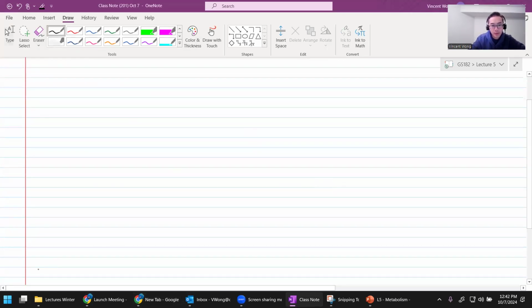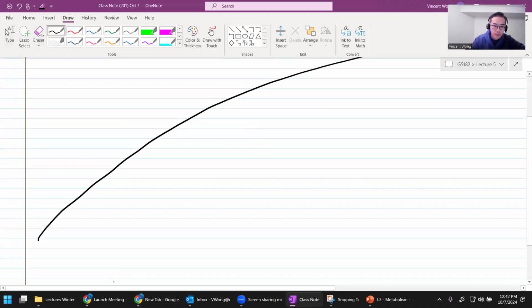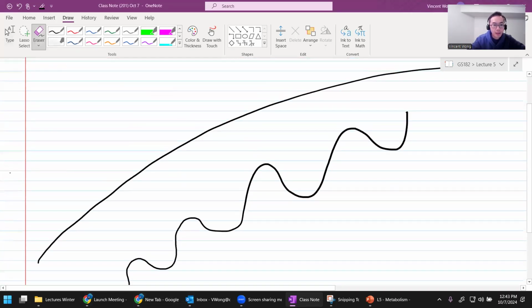So here we have a line, and then I'm going to do it like a wavy thing here. So out here, this is the cytoplasm. Please stop me if I'm not making sense.